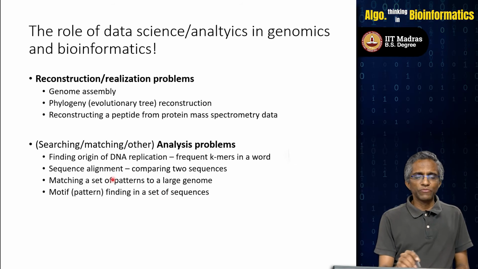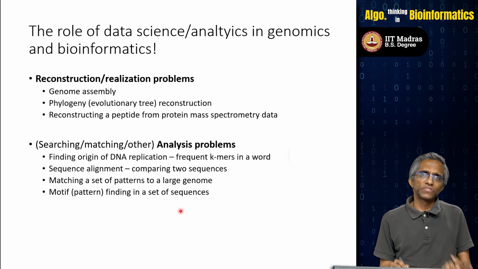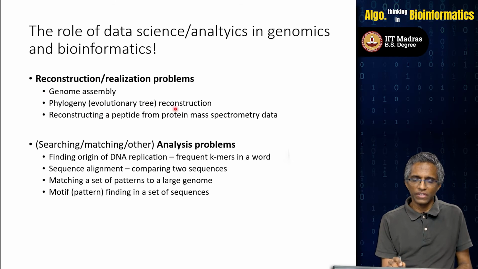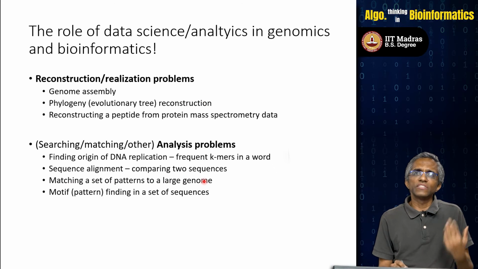And then the techniques that we see here, as computer scientists we may have seen many algorithms on strings, trees, graphs and so on, but there are certain algorithms in genome assembly, like the Eulerian path algorithm; in phylogeny we will see something called the neighbor joining algorithm; and when looking at suffix trees and suffix arrays, we looked at the Burrows-Wheeler transform.